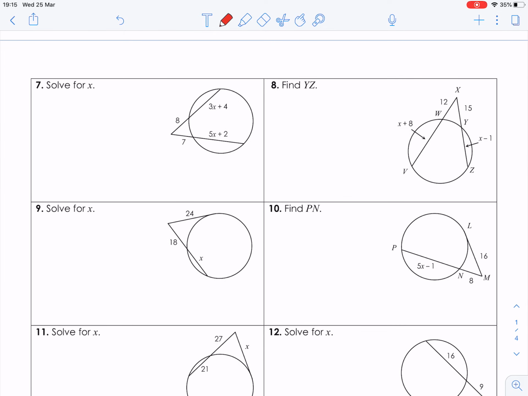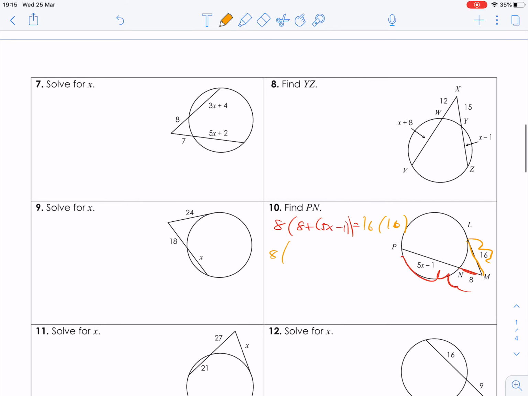How about number 10? So number 10, we have the outside here, 8, times the whole thing. That's going to be 8 plus 5x minus 1. And that's going to equal the other side, 16, times the whole thing, which is 16.